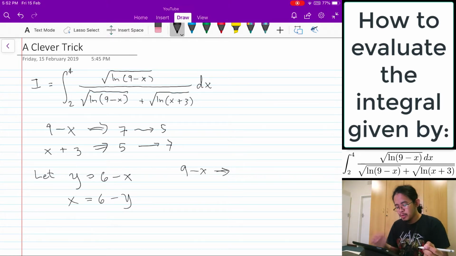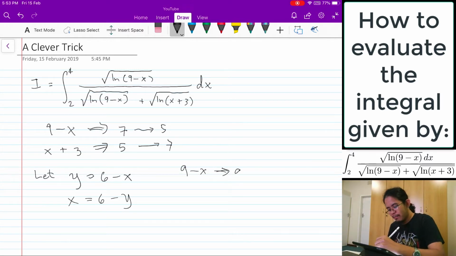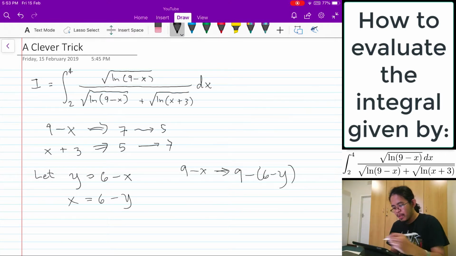And so from that substitution, the 9 minus x expression actually becomes 9 minus (6 minus y). So that becomes 3 plus y, okay?